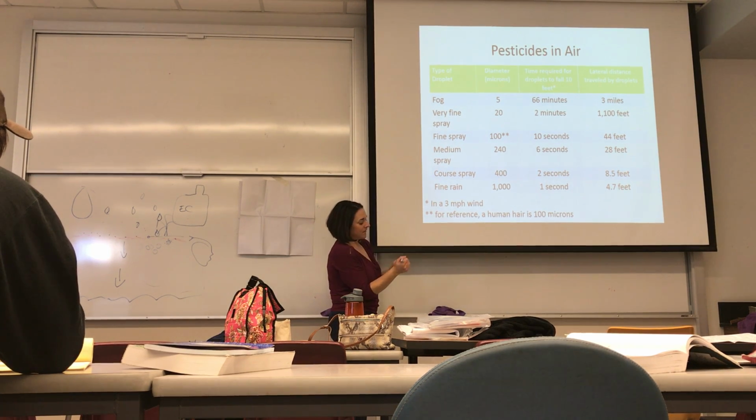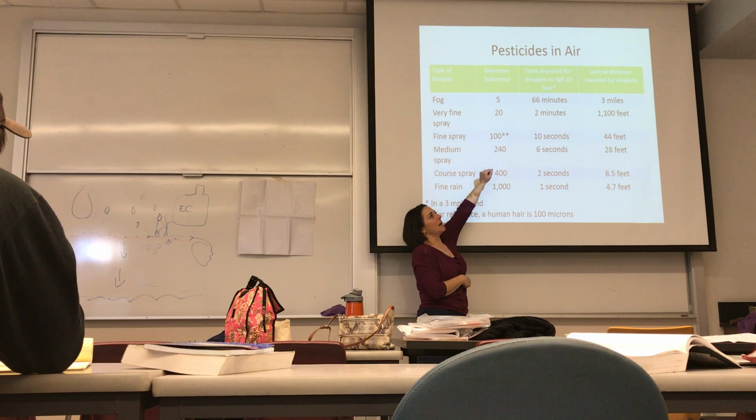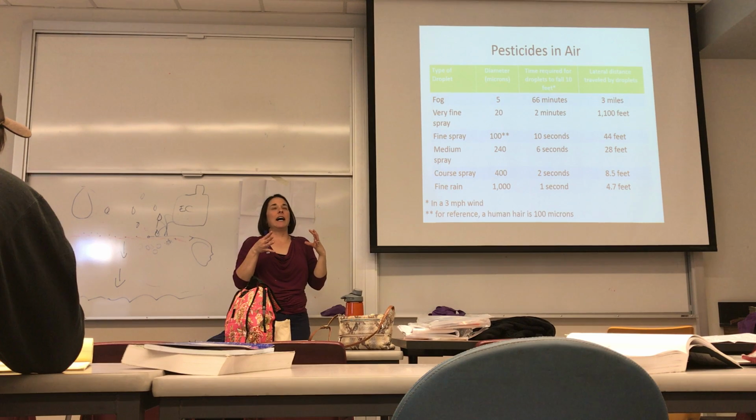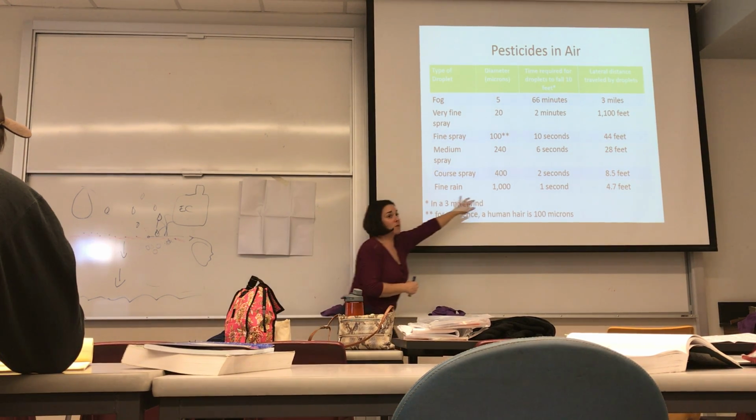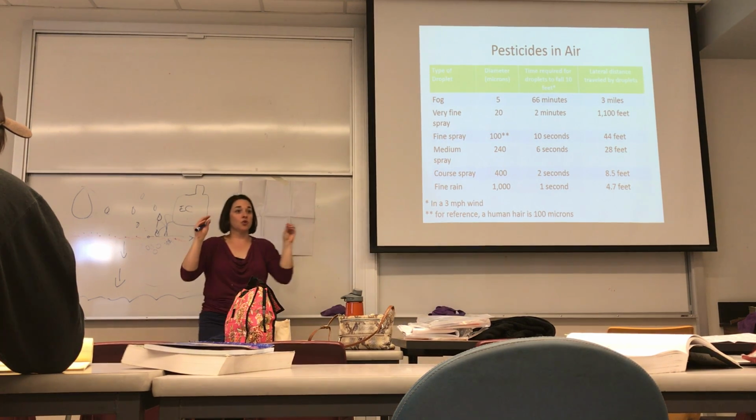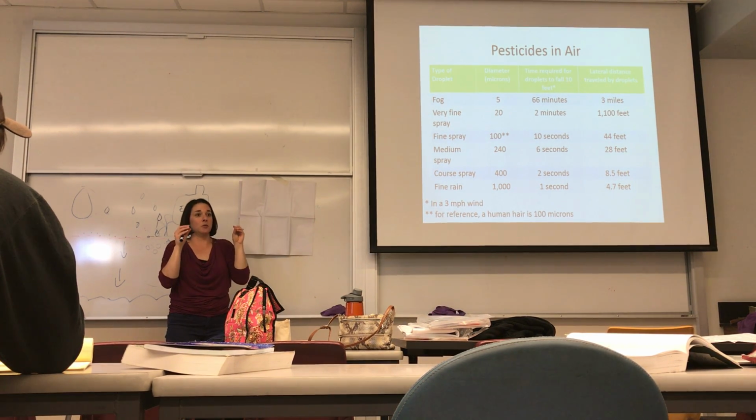So a coarse or medium droplet, 240 microns, is kind of like, I don't want to say it's a happy medium, but it's a really good size. It's not super sloppy like this, and it is not too small and driftable, right?